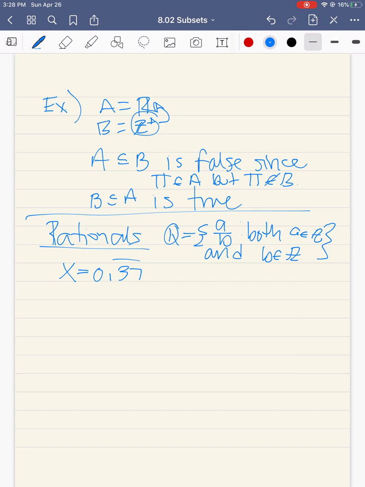It makes sense that 0.37 repeating would be a rational number, because our definition of rationals is that we have either a pattern or the decimal ends. Here there is a pattern going on where 37 is repeating.